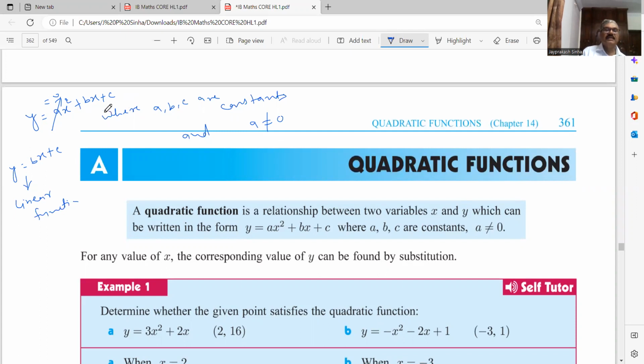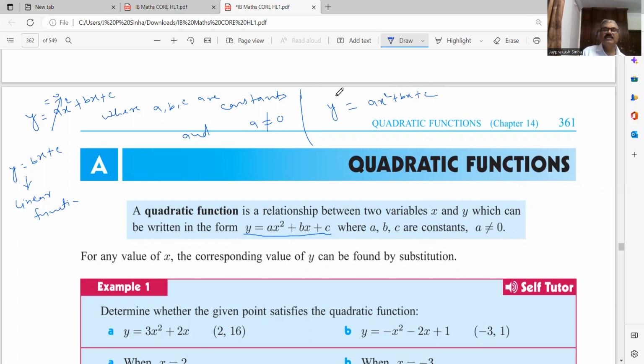So the condition is that y is equal to ax square plus bx plus c is a quadratic function where a, b, c are constants and a is not equal to 0. This is clear. Now, this is called a quadratic function because y is a function of x.